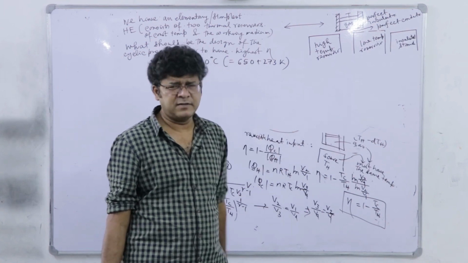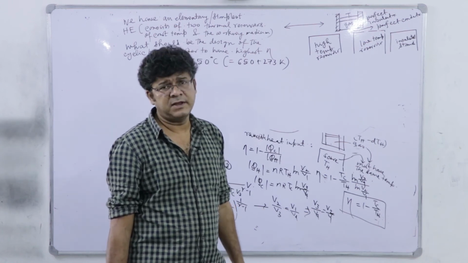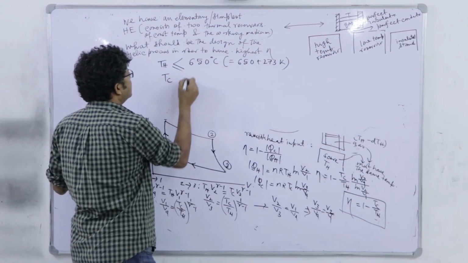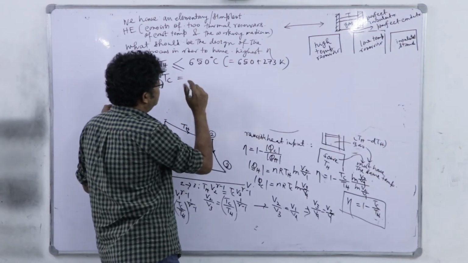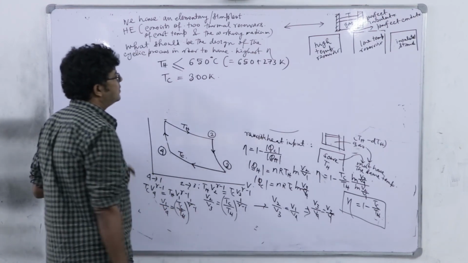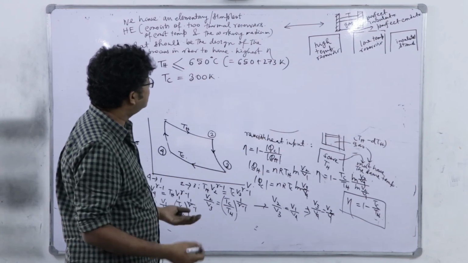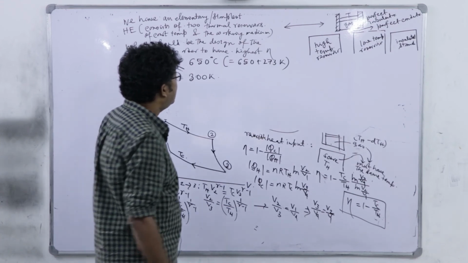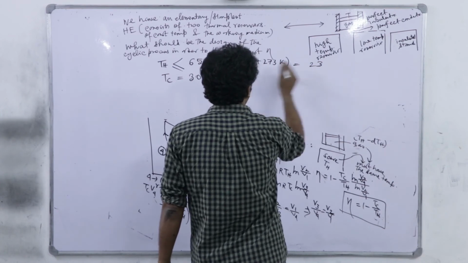So the maximum temperature we limit for working material as water to 650. Now the temperature of the sink, which is the same as that of the atmosphere, is around 300 Kelvin. So you see 650 plus 273, how much is it? 923.